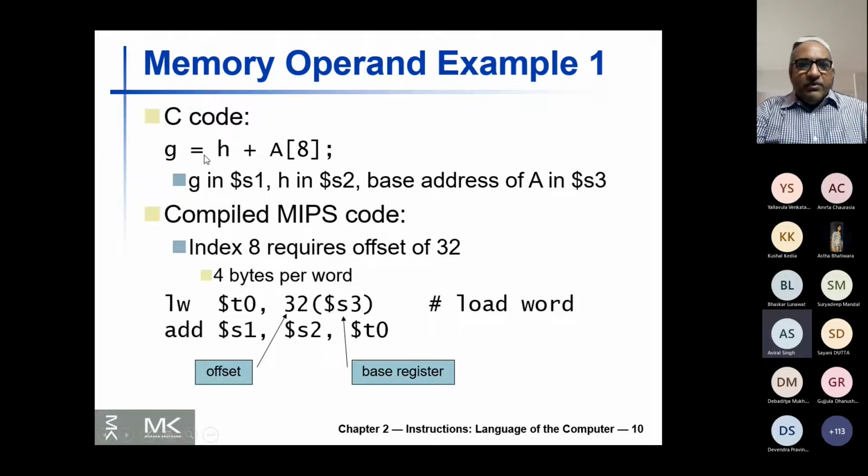So, for evaluating this addition, which involves one operand as a memory operand, we know that addition is performed only on register contents. Both values should be present as the contents of registers, and the result also has to be placed in a register.